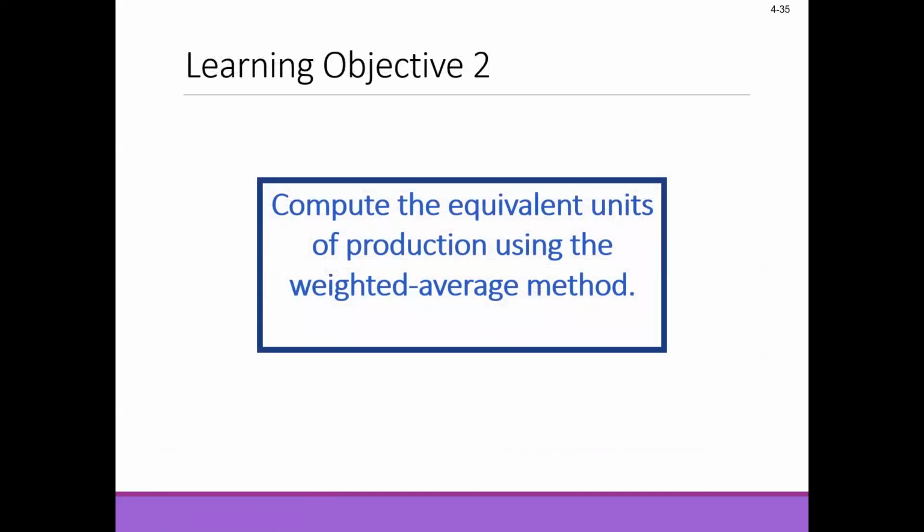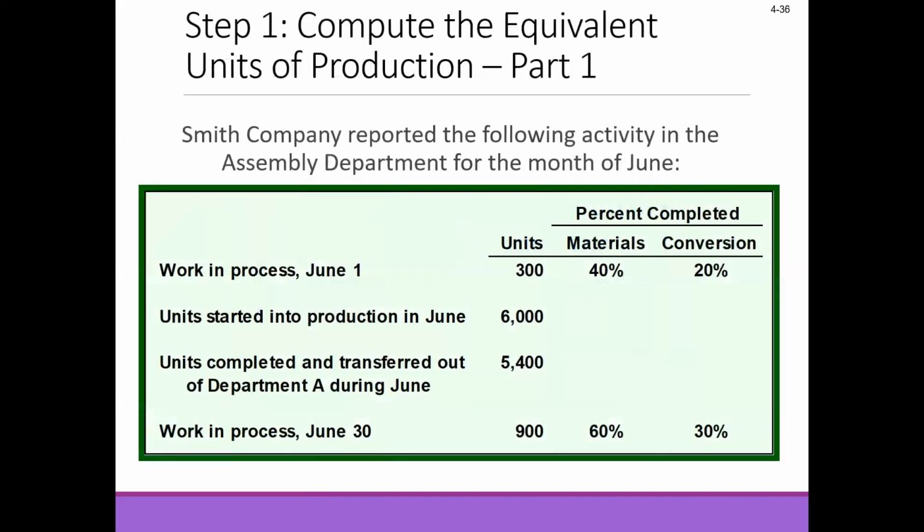Now, we are going to compute the equivalent units of production using the weighted average method, which takes both periods into account, the previous period and the current period. Smith Company reported the following activities in the assembly department for the month of June. We started with 300 units where the materials were 40% complete and the conversion, which is manufacturing and labor, were 20% complete.